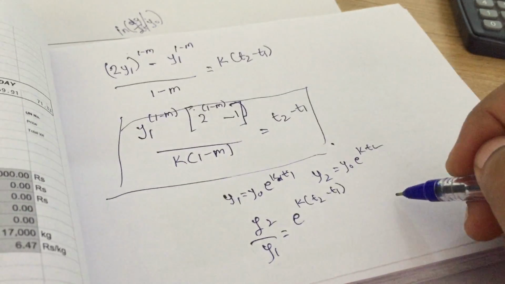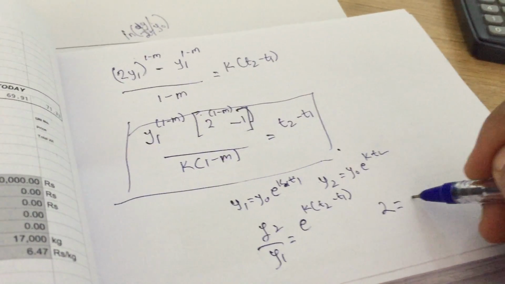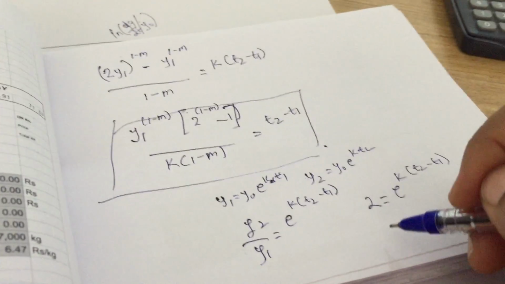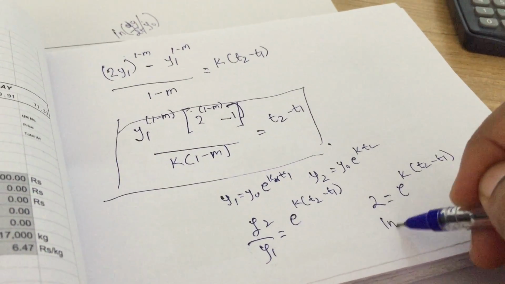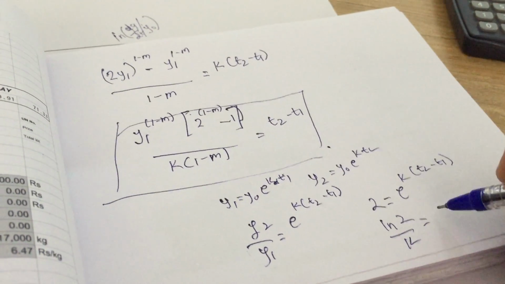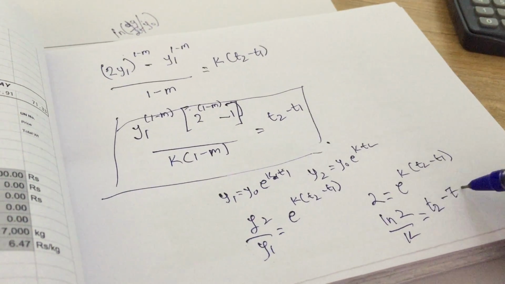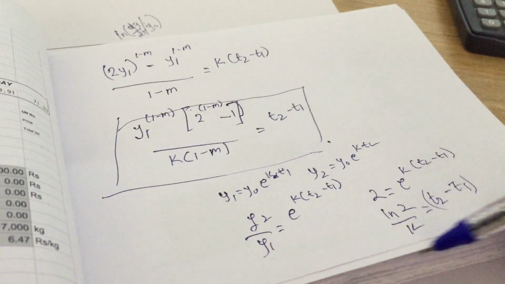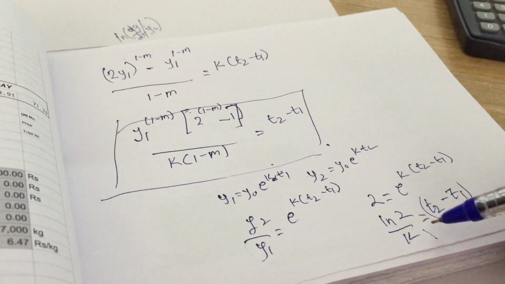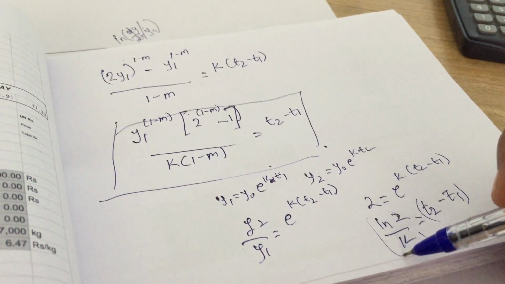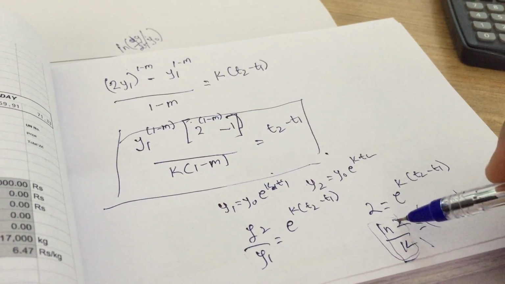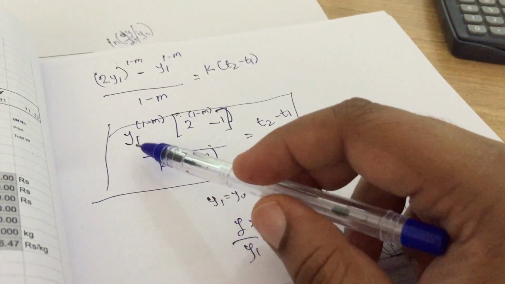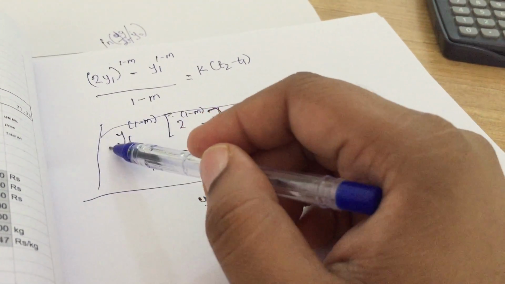Now this is doubling, so basically you have 2 is equal to e^(k (t2 minus t1)). Taking log on both sides, you get ln2 divided by k is equal to t2 minus t1. So you can see the difference in t2 minus t1: the main difference is that this is not dependent on the total number of cases, whereas this formula is dependent on the total number of cases you have.